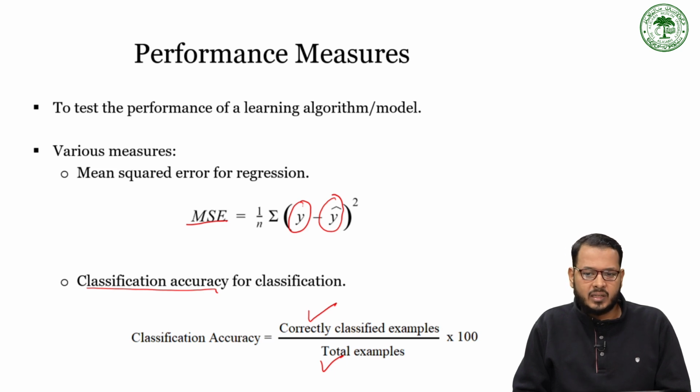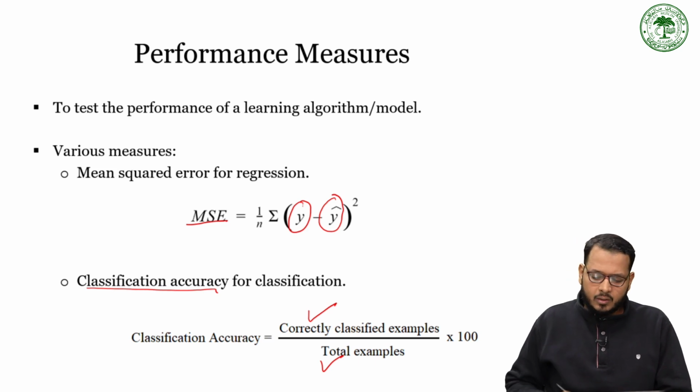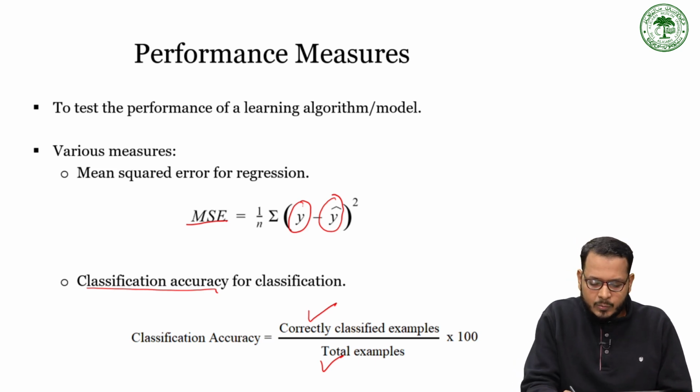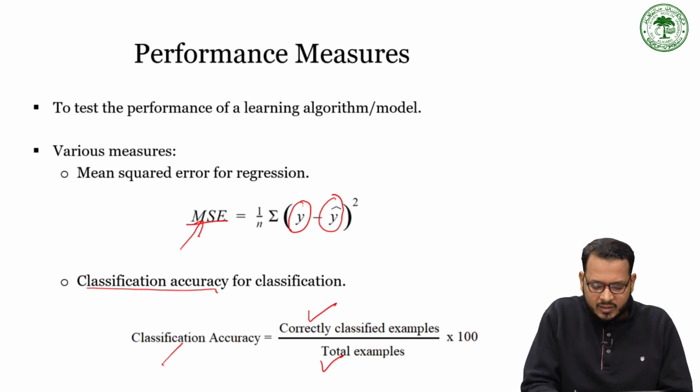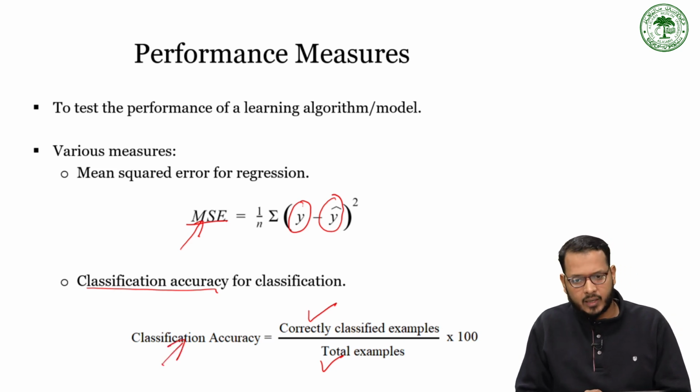High accuracy indicates that the model performs well in identifying the class labels, but it may not always reflect the model's effectiveness, as we will discuss in this lecture. So, MSE is better when it is lower. However, classification accuracy is better when it is higher.